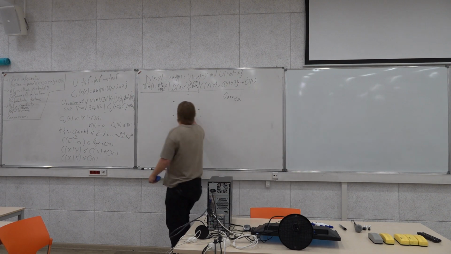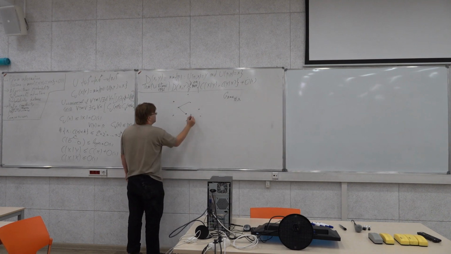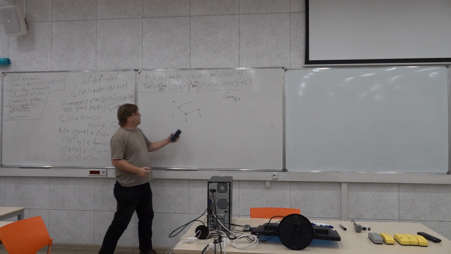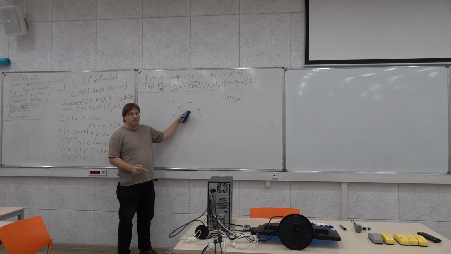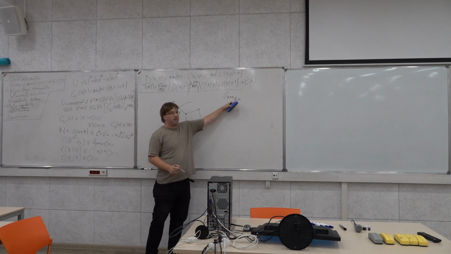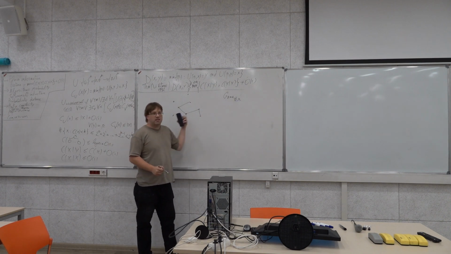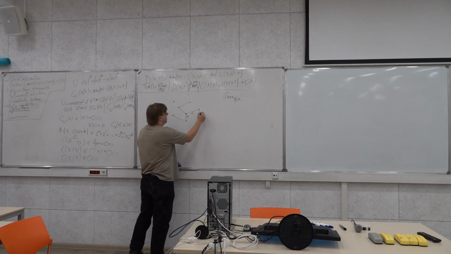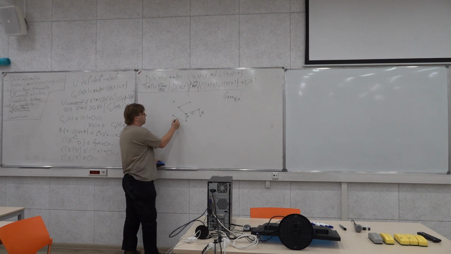And so the opponent enumerates edges like this, such that the graph that appears has degree at most D prime. And each time an edge is enumerated, we have to assign a color to the edge.